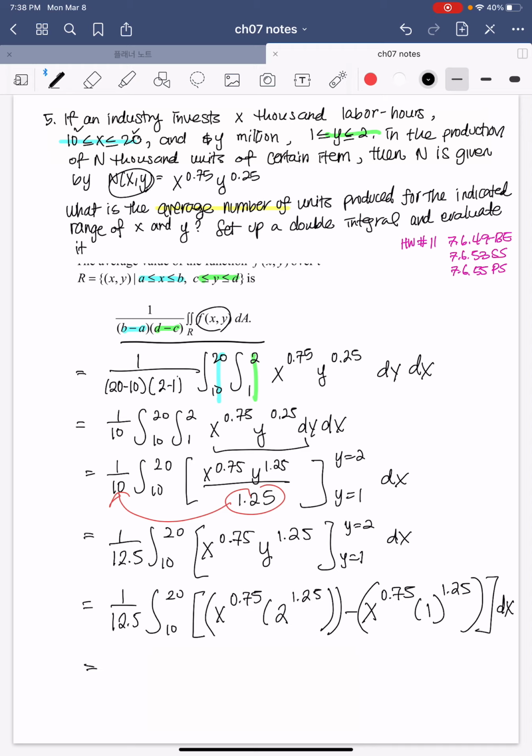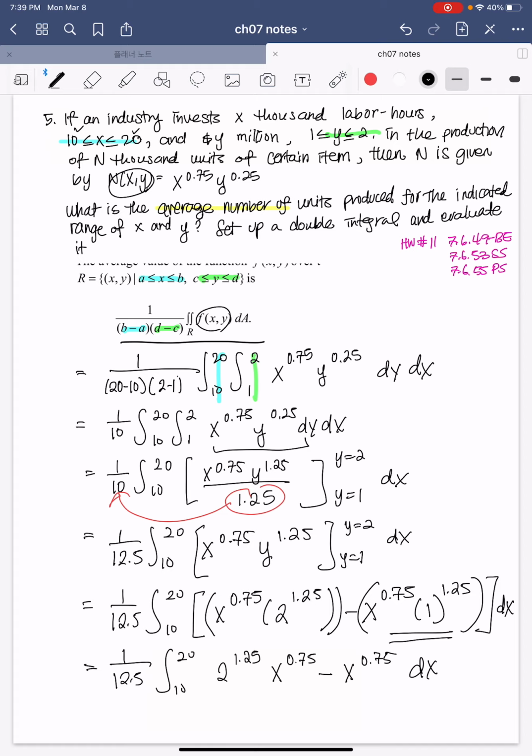Let's simplify. So 1 over 12.5. Now I know 2 raised to the 1.25 is a messy number, so I just like to keep it. I don't want to round it too much yet, so I'll keep it as 2 raised to 1.25. So 2 raised to 1.25 times x to the 0.75, minus x to the 0.75, dx.